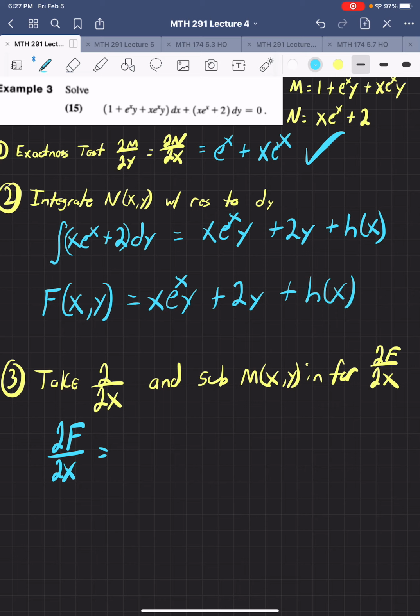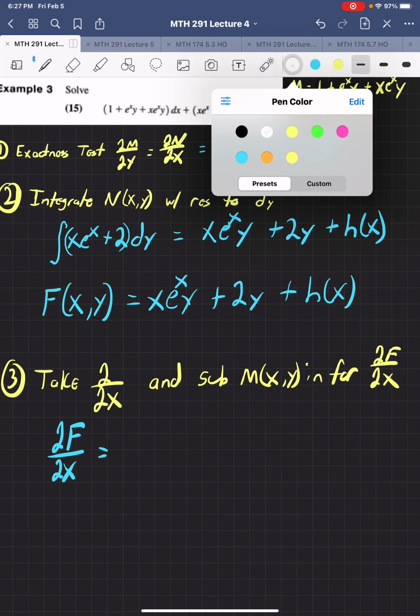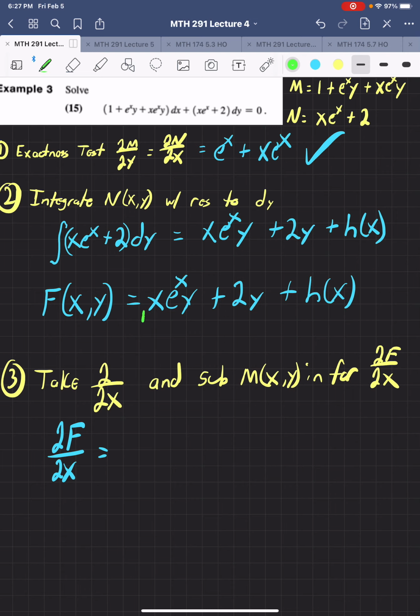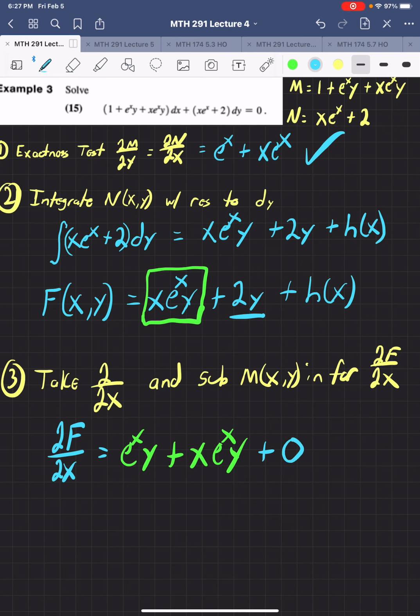I'm going to choose a different color here so that you know where this came from. The derivative of this term is going to be e to the x y plus x e to the x y, and then the derivative of 2y is just going to be plus 0. And of course, the derivative of h is just going to be plus h prime of x.